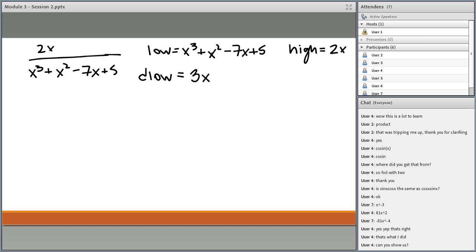So we get 3x squared plus 2x minus 7, and the 5 goes to 0. And then the derivative of the numerator is just 2.